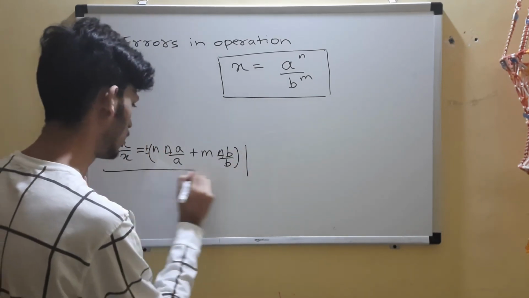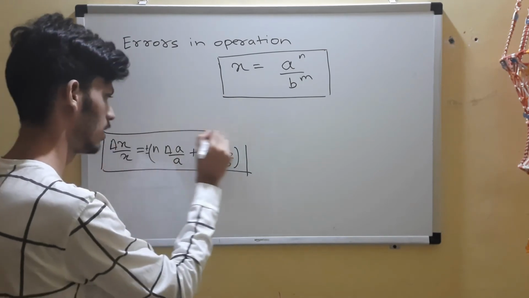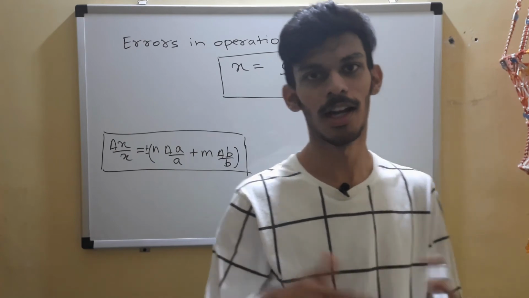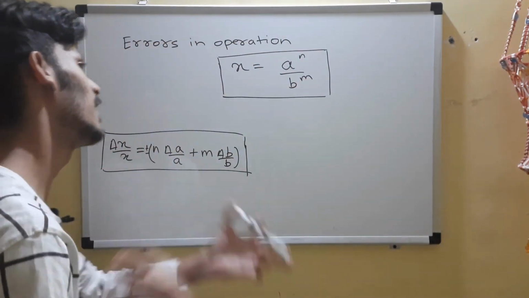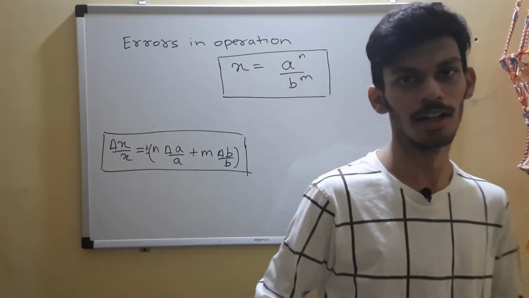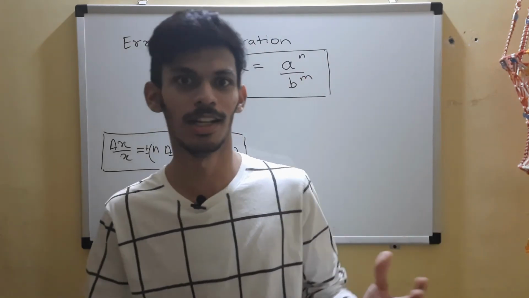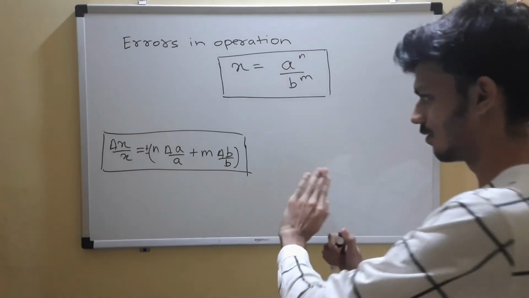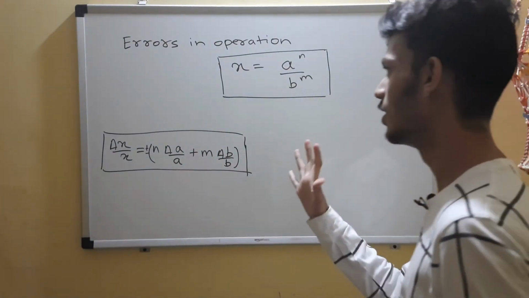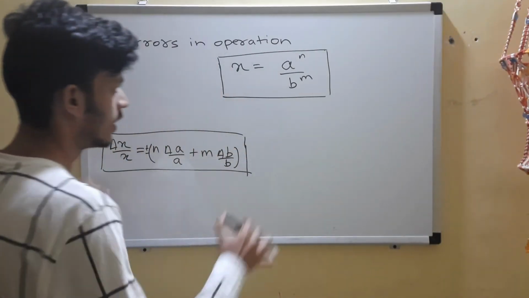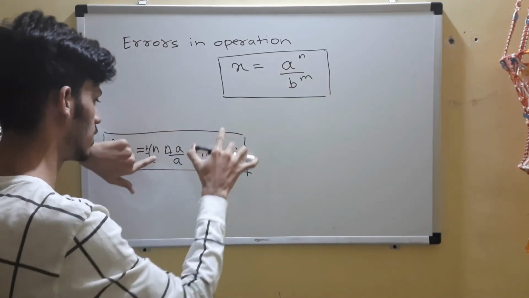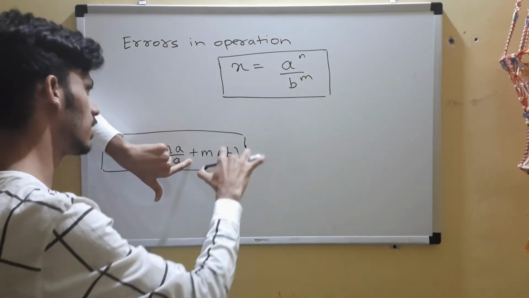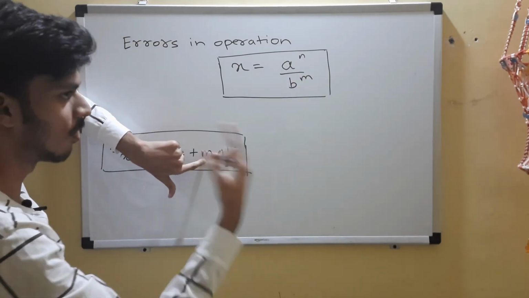Please note it down. The derivation is a bit out of reach, but we'll do it. I'll try to explain it, because it includes using logs and differentiation, which you might not know. So I prefer that you learn this formula. You directly see that the power of a comes down and is multiplied into the relative error of a, plus the power of b comes down into the relative error of b.